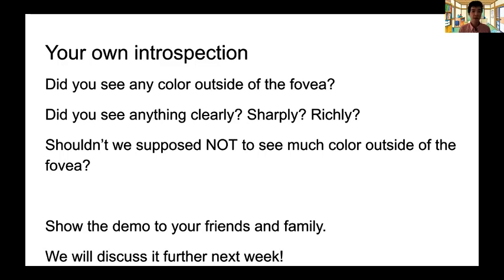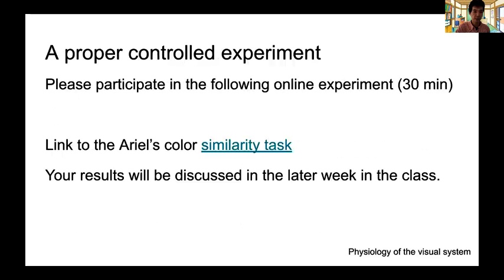But if there is something else, then other people would also see that the color is there. This type of introspection is just a first step, and we will discuss in more detail how we can confirm this type of phenomenological report with a more sophisticated task.